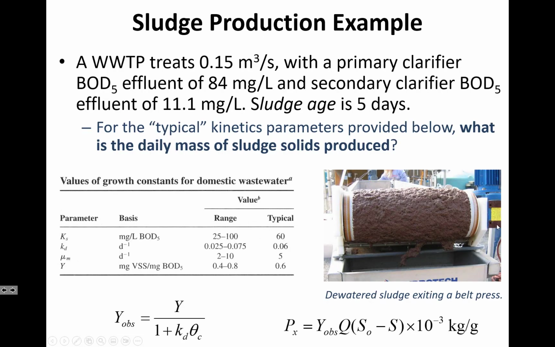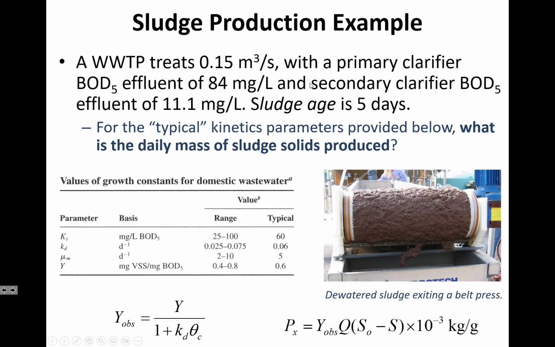So this is a relatively simple example, but it'll give us a chance to calculate observed yield and also an opportunity to calculate the sludge mass here. So let's say, for instance, that we are treating 0.15 cubic meters per second.